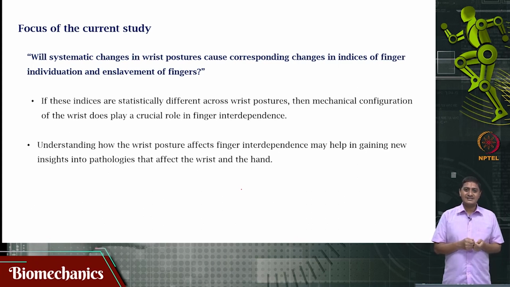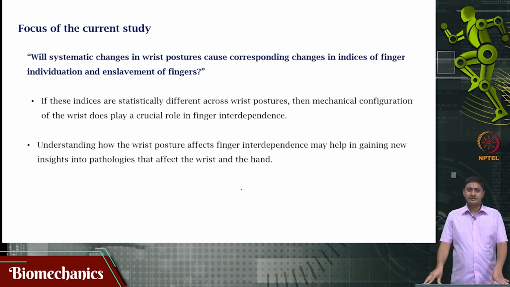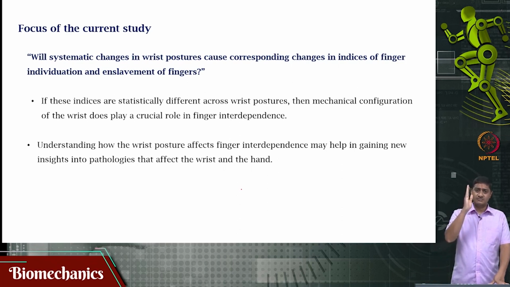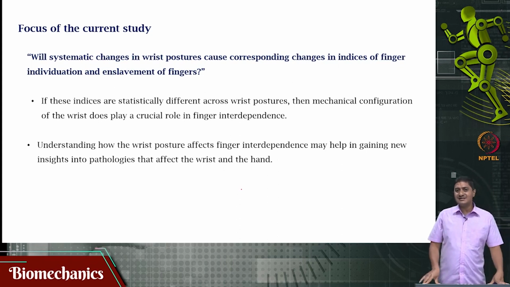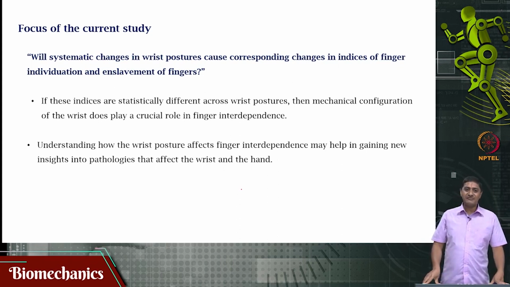The tendons of the four fingers are getting stretched. The tendons that are getting stretched are different depending on whether you are extending or flexing. Depending on the wrist posture, that is whether you are flexed or extended, the specific tendons that are getting stretched change. So it is not necessary that all these tendons have the same effect on all the fingers. That is not a very likely situation.